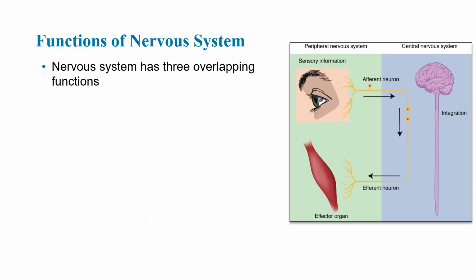So the basic function of the nervous system is, again, integration. We may have a stimulus, like in the case of perhaps an image or a light beam coming in, and we have to get that information to the integration center. So we send it up the afferent neurons. These are the sensory neurons. We get into the central nervous system, which again I mentioned is a site of integration.